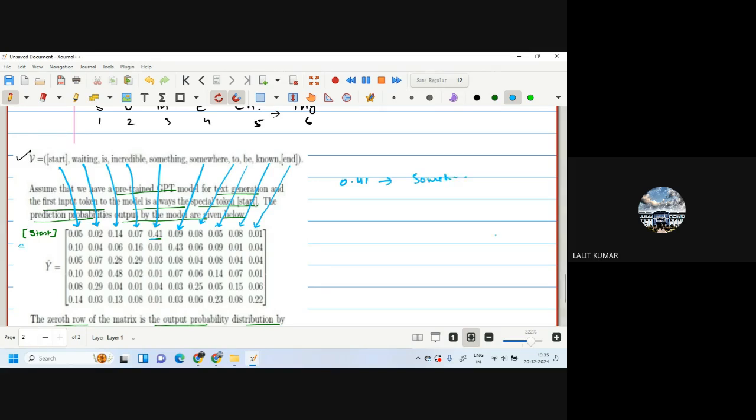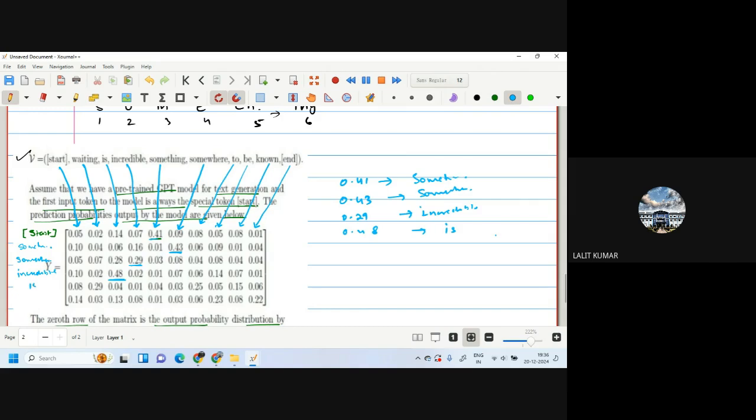Now this something is given here, and the maximum is 0.43, which is somewhere. Next we give somewhere, and the maximum is 0.29, which is incredible. We give incredible, and the maximum is 0.48, which is is.